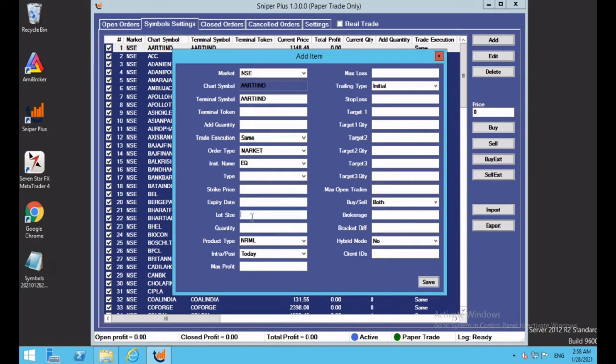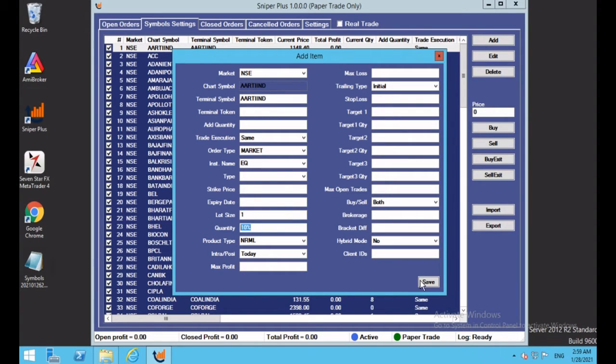Now here I will be adding the lot size. The lot size for NSE is always 1. For auto quantity, we have to add how many percent we want to keep. Let it be 10%. So 10% of the capital, whatever it is, the quantity will be taken automatically.